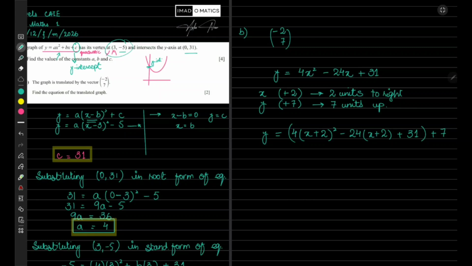Now we will be simplifying this. This will give you the equation of the translated graph or translated curve. Either you can use this form or you can use the completed square form; both would be fine.